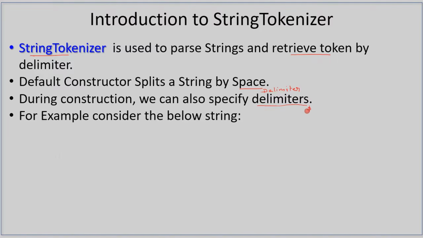For example, consider the below string, and here you can see this is the complete string, and this string contains a pipe symbol as the delimiter. So there are two delimiters here, and when you tokenize, it will tokenize this string in 3 parts.